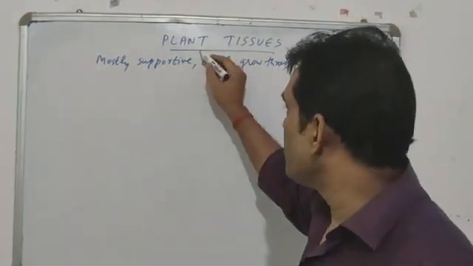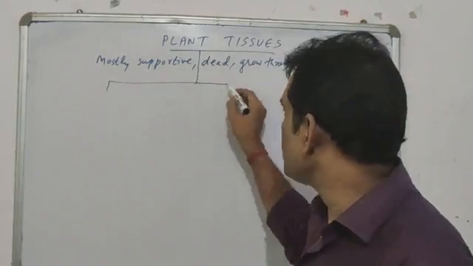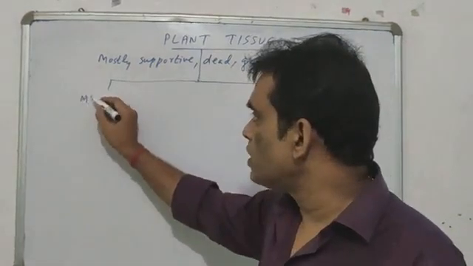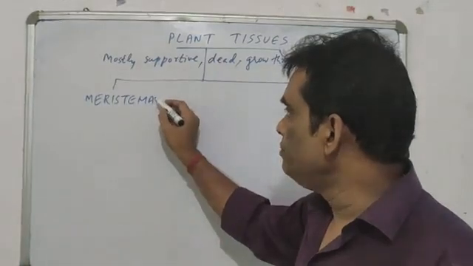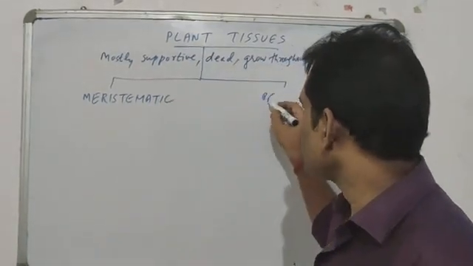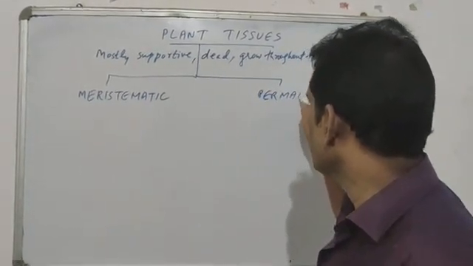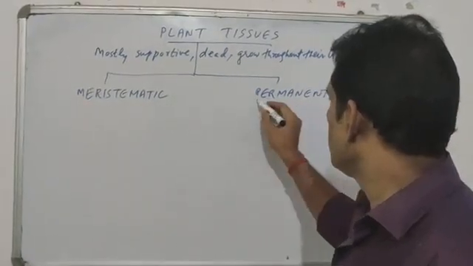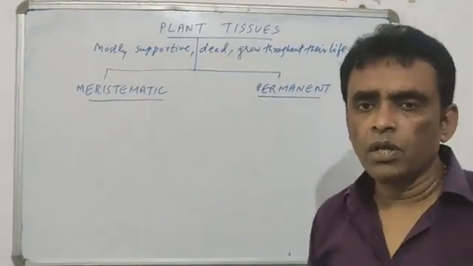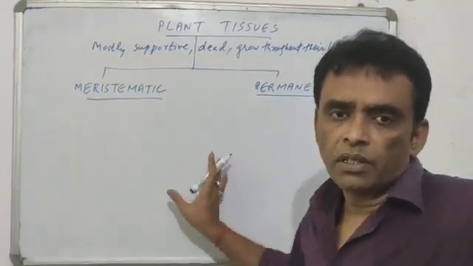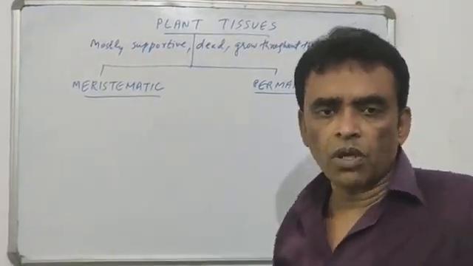When I classify plant tissues, basically the plant tissues are of 2 types. They are called meristematic tissue and permanent tissue. I am just giving you the classification, then we'll discuss each one by one.